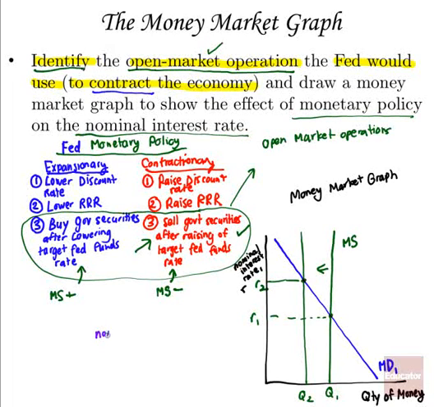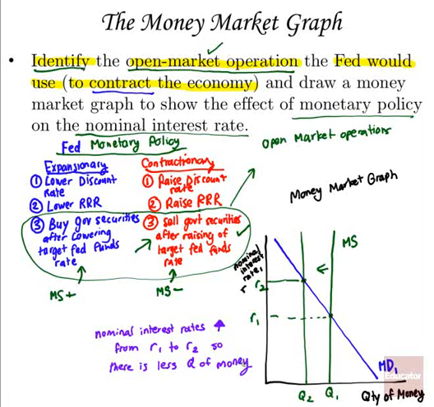The nominal interest rate increases from R1 to R2, so there is less quantity of money.